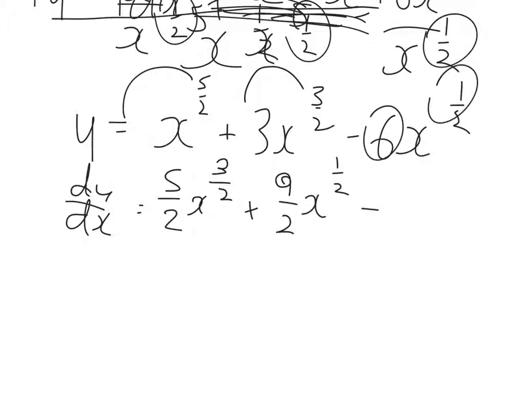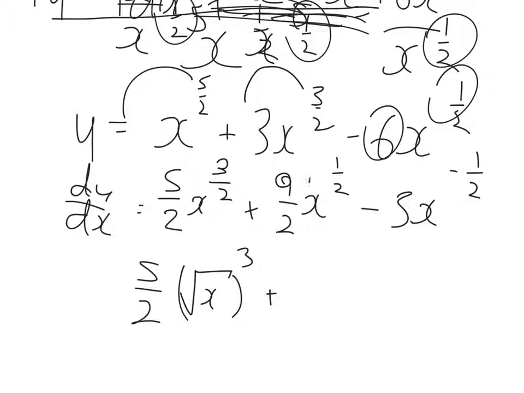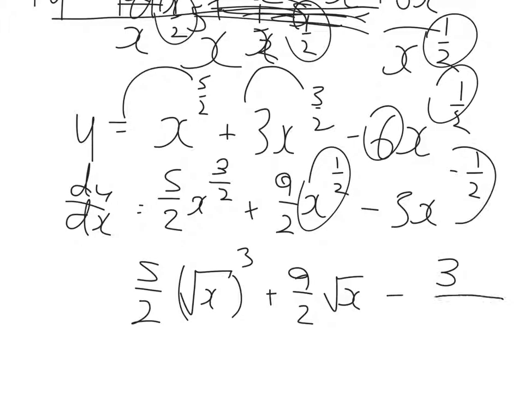And then 6 times a half is 3, x to the, well, minus 1 half, take away 2 halves is minus 1 half. Can then just tidy this up a wee bit, and that will be 5 over 2 times the square root of x cubed. Remember, x to the half is just the square root of x, so that will be root x minus 3 over, well, bringing that down will be x to the positive 1 half, which I can write as the square root of x. Final answer.